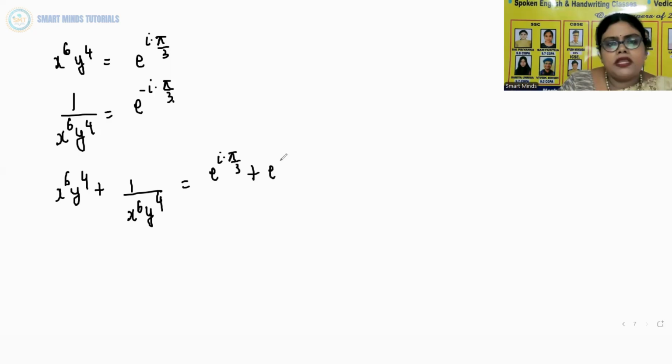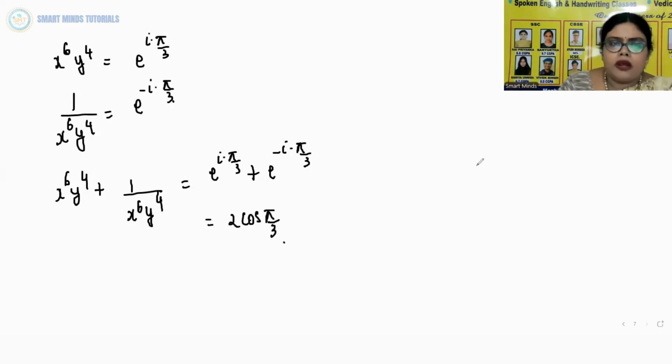So 1 by x power 6 into y power 4 will be e power minus i into pi by 3. If we add them, x power 6 y power 4 plus 1 by x power 6 y power 4 is equal to e power i into pi by 3 plus e power minus i into pi by 3. So that is equal to 2 cos pi by 3.